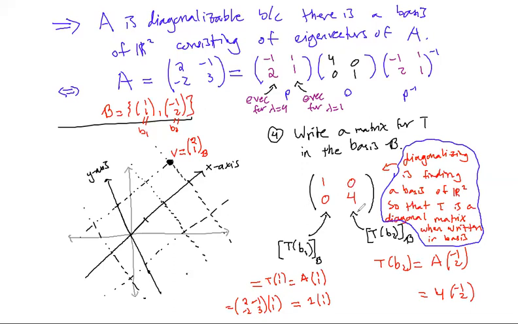If I had this basis already found, then I should just convert all of my vectors to this basis, and then it's easy to figure out what T does to things, because it's a diagonal matrix, and it's very easy to multiply by a diagonal matrix. That's why we like it.